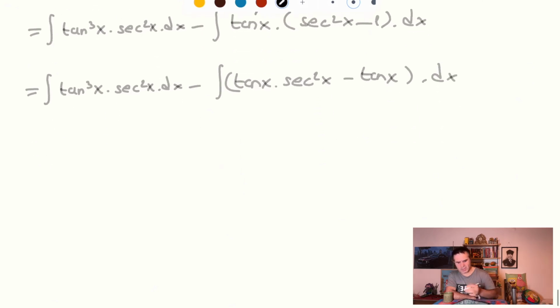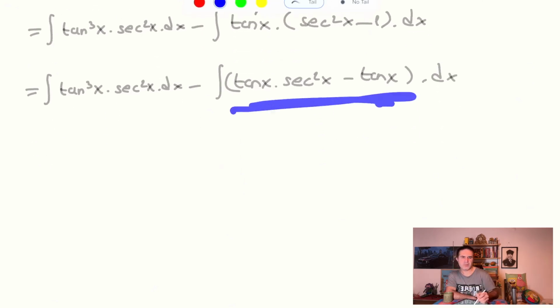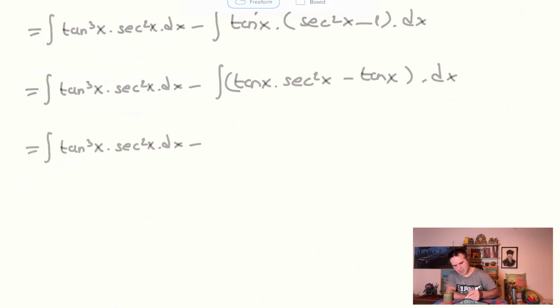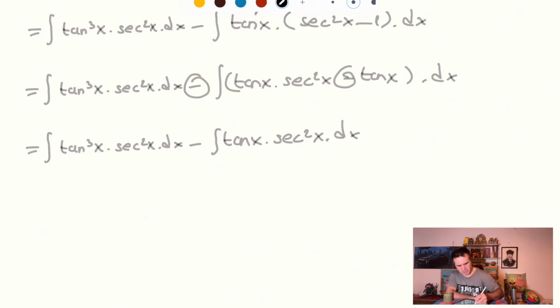To solve the integral, I will split this integral again into two parts. Then the first one is this, and the second, the integral of tangent x times secant square of x dx, minus becomes plus the integral of tangent x dx.